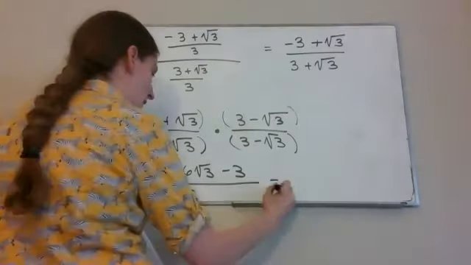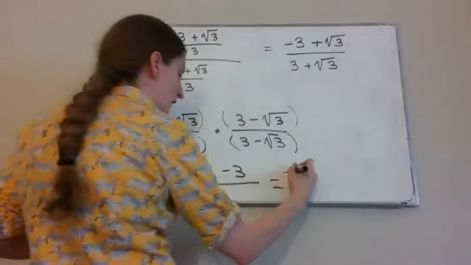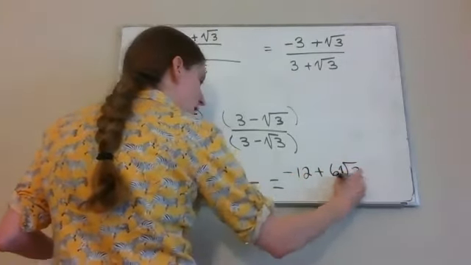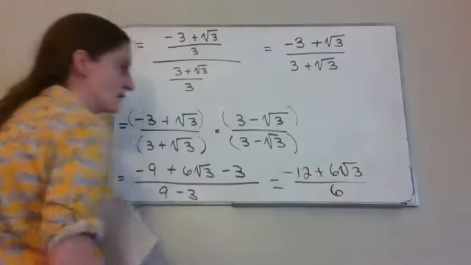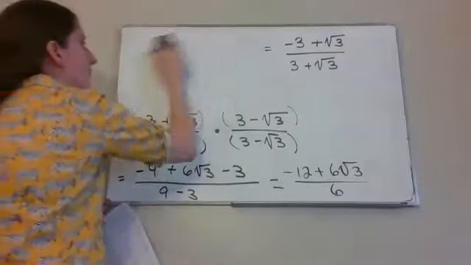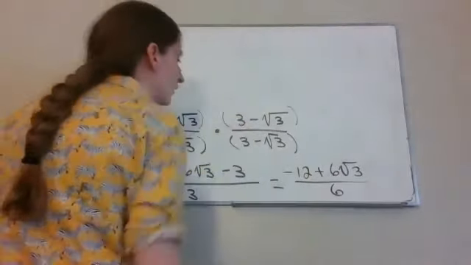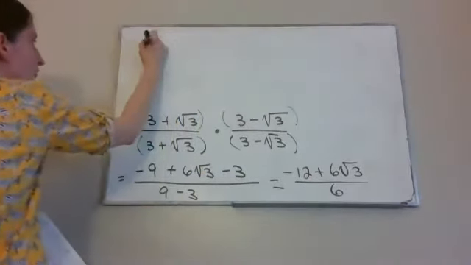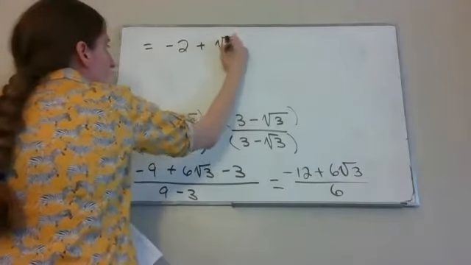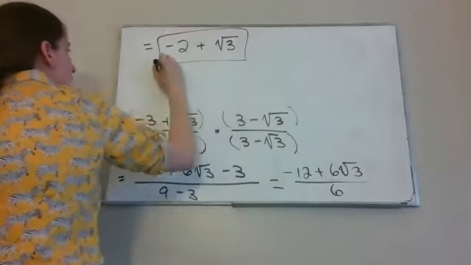And I can simplify more. Negative 9 minus 3 is negative 12 plus 6 square root 3 all over 6. And then I can simplify by canceling out a 6. So the fully simplified version of the answer is negative 2 plus the square root of 3.